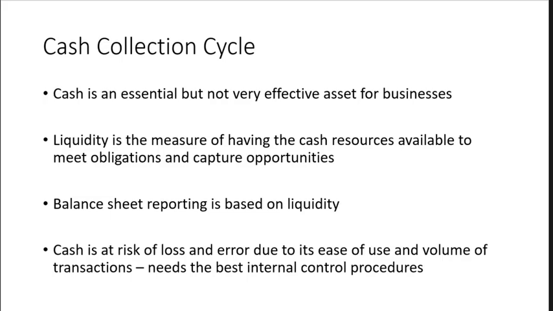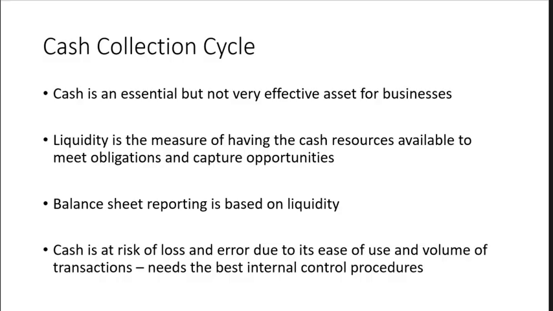And everything after that is listed by how easily it can be turned into cash. Okay? So that's based on liquidity, or how easy it is to make it become cash.